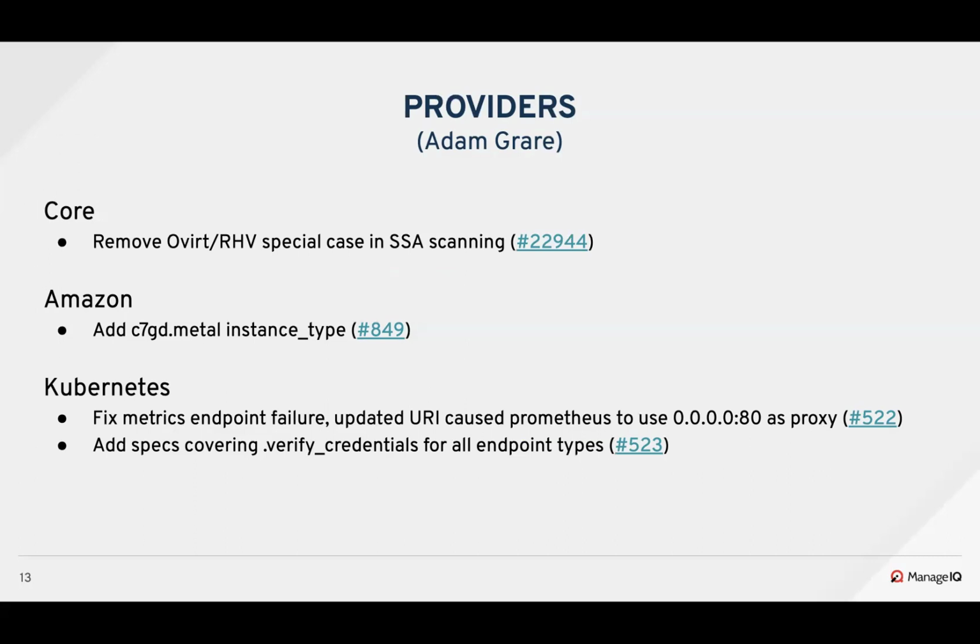An updated version of the URI gem was causing Prometheus to use essentially localhost:80 as a proxy. And obviously the connection was failing due to that. And so we're able to fix that up. And then after that, we added some specs covering all of the verify credential endpoint types and a test that would have caught that previous failure. Next slide.